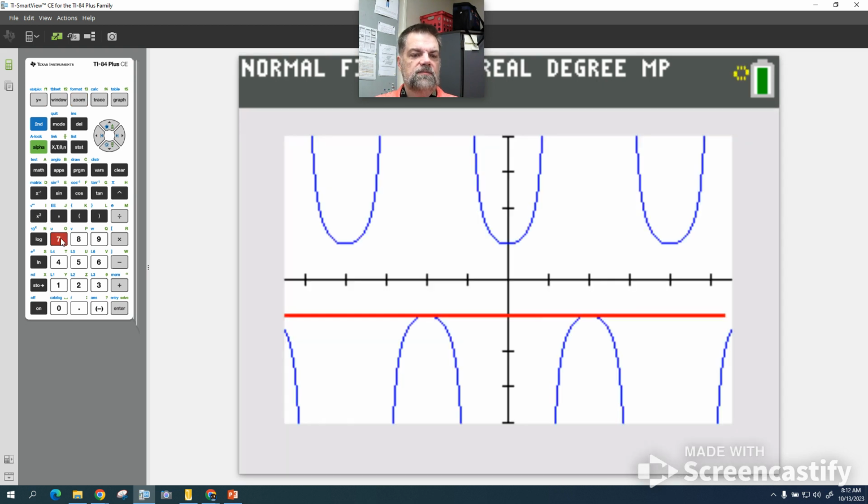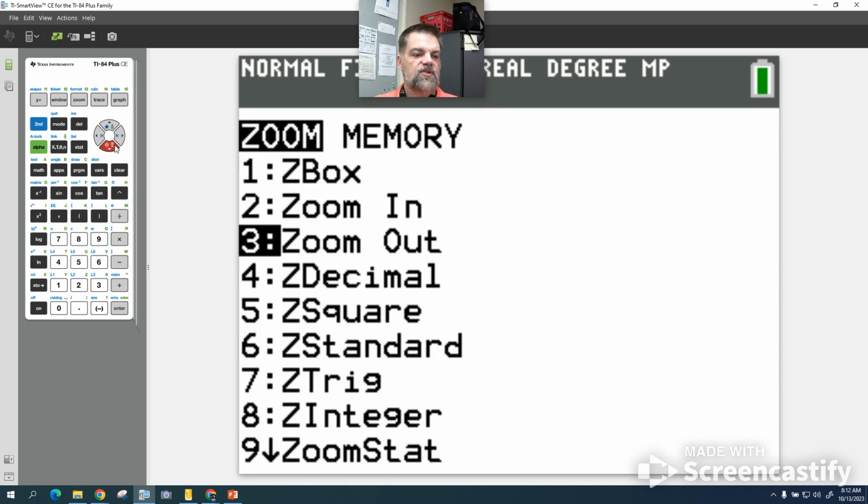Hit that one. There we go. So you're going to hit zoom, scroll down to option number 7, and it'll say Z trig. And these are preset windows. Basically, we're zooming in and out on the graph. Trig functions are usually, they have a range, like sine and cosine. You guys don't know this yet, but they have a range of -1 to 1 unless you transform them.